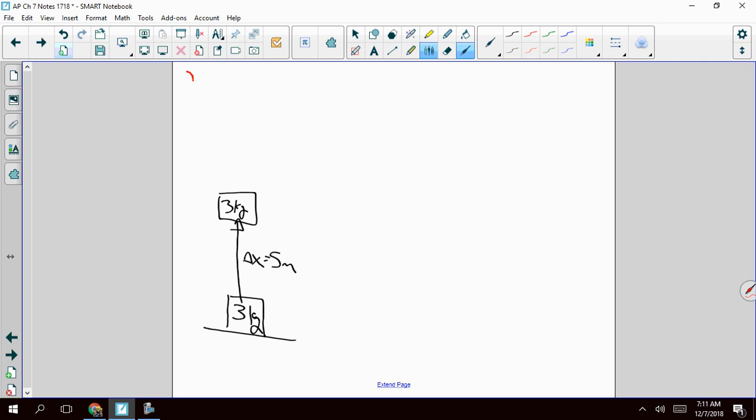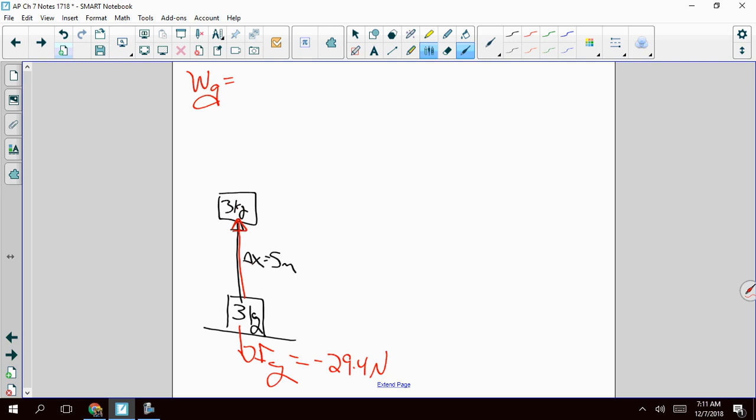Here everything's linear. My displacement is up, my force of gravity is down, and so they're working against each other. So let's figure out what this force of gravity is real quick. 3 times 9.8 gives you 29.4, so we'll call it negative 29.4 newtons.